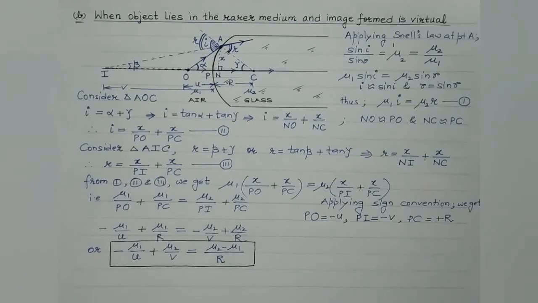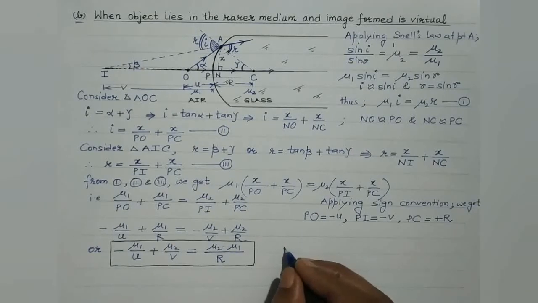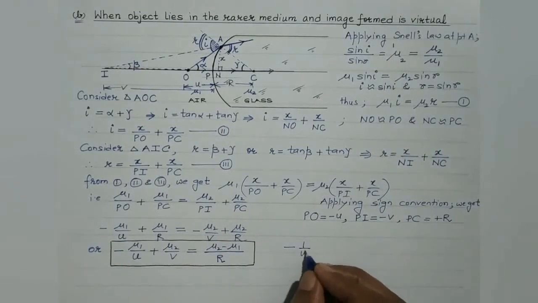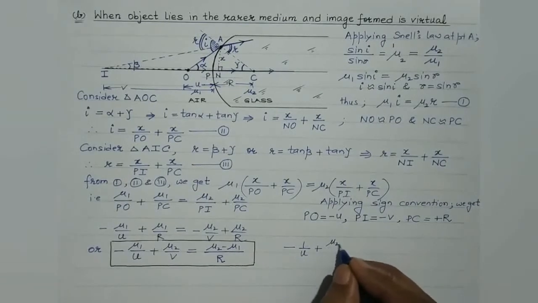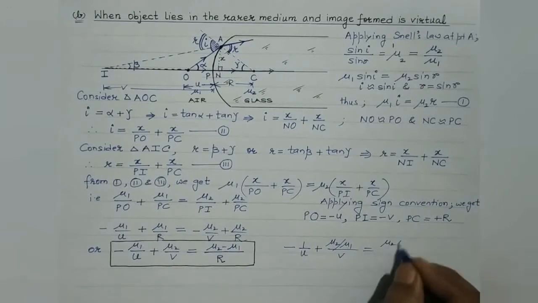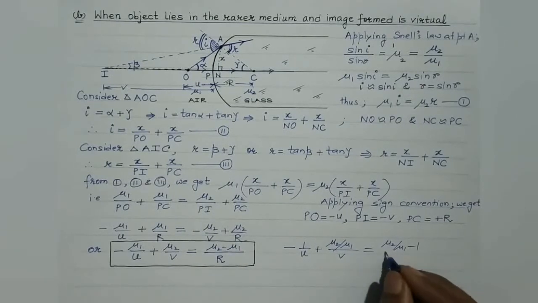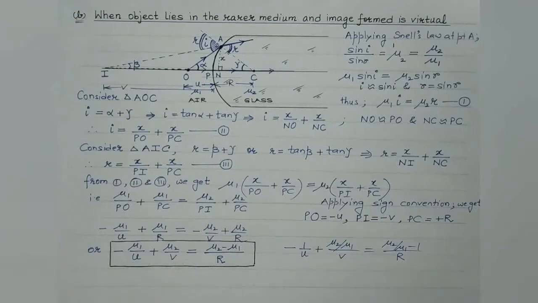Clear? And students, you are aware, in case we divide throughout by mu1, what we get is minus 1 by u plus mu2 by mu1 by v is equal to mu2 by mu1 minus 1 divided by R. What I have done is I have divided throughout by mu1.